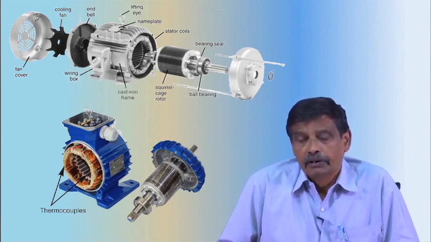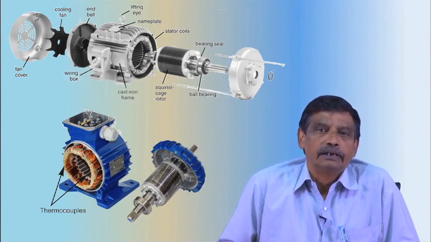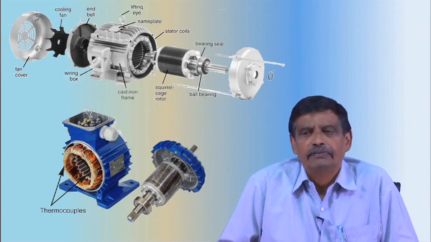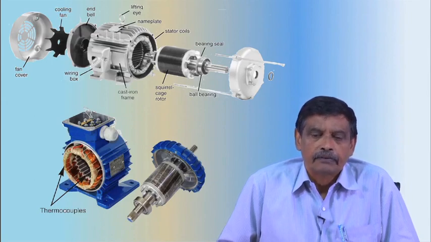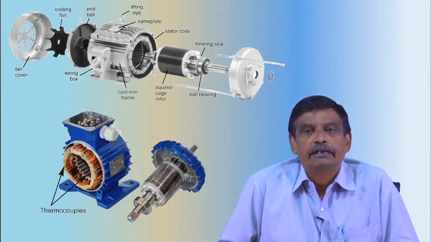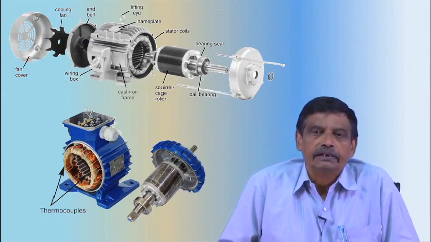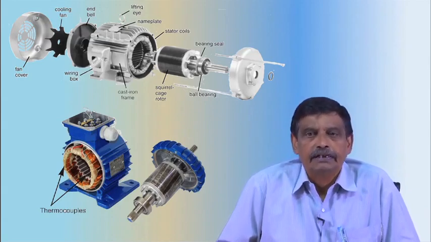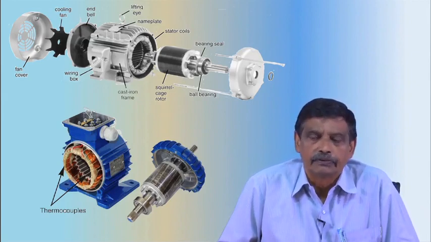The next portion of this course will be how to produce a rotating magnetic field using a polyphase winding. Polyphase means we will be concentrating mainly on three phase. So, how a rotating magnetic field can be produced. This concept is essential in understanding the operation of single phase, three phase induction motors as well as three phase synchronous motors.